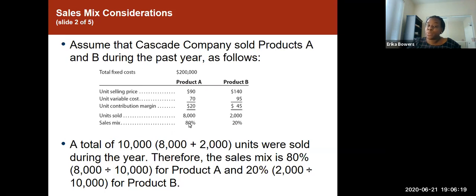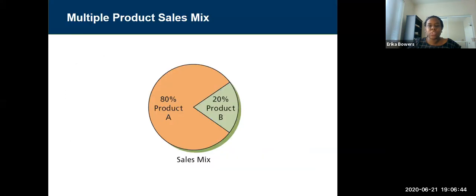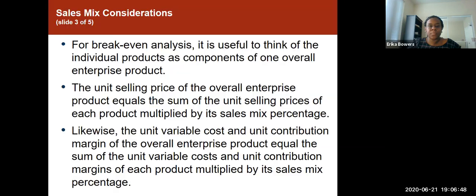So that's 80%. 8,000 divided by 10,000 is 80%. So 80% of their sales is for product A. And we do the same thing for product B. 2,000 divided by 10,000 gives us 20%. So the sales mix is 80-20. So we're going to use this information in calculating our break-even point.